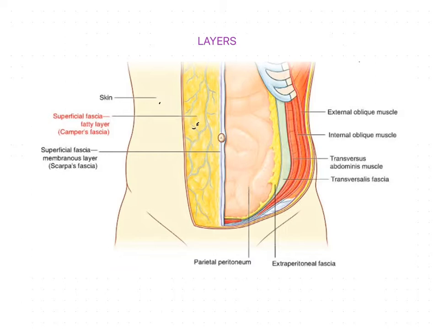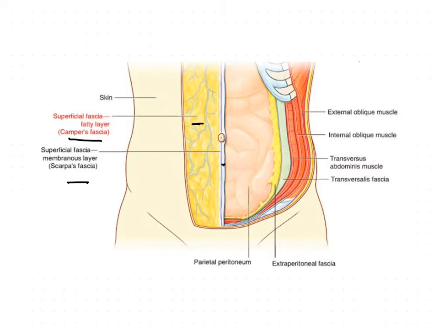This superficial fascia has two layers: the outermost layer and a deeper layer. The outermost layer is the fatty layer, and the deeper layer is called the membranous layer. This outermost fatty layer is called Camper's fascia, and the deeper layer is called Scarpa's fascia.